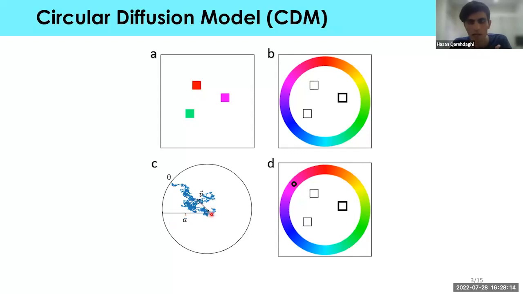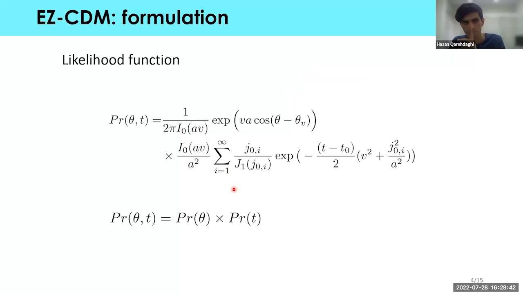But we only have the behavioral data, the choices, the angles of chosen points in the trials, and also the response times. And we want to deduce the parameter values from these experimental data. And this is called parameter estimation, the problem of estimating the proposed data generating parameter values.